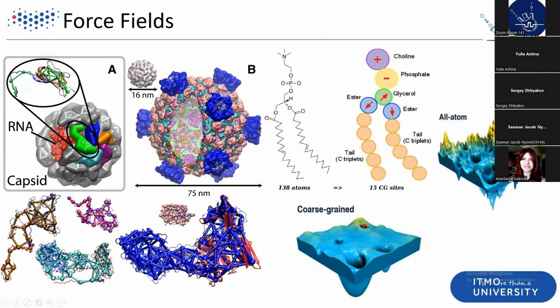So as you can see here, we have different sorts of coarse grain force fields, which are representing the molecular part of the virus as a single protein, and this protein was represented by the coarse grain structure here.